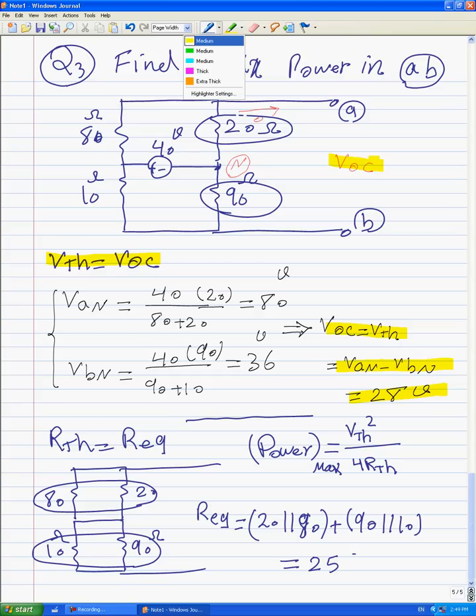This is a simple rule in order to find out max power in any circuit. And for this circuit, max power is equal to 7.84 watt. This is the final answer for this question.